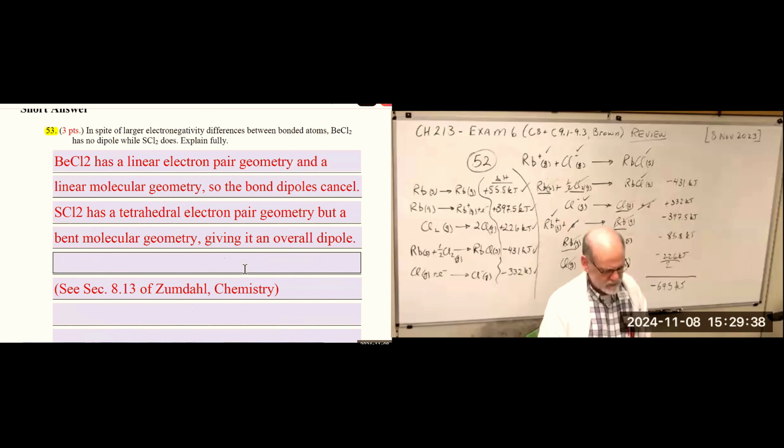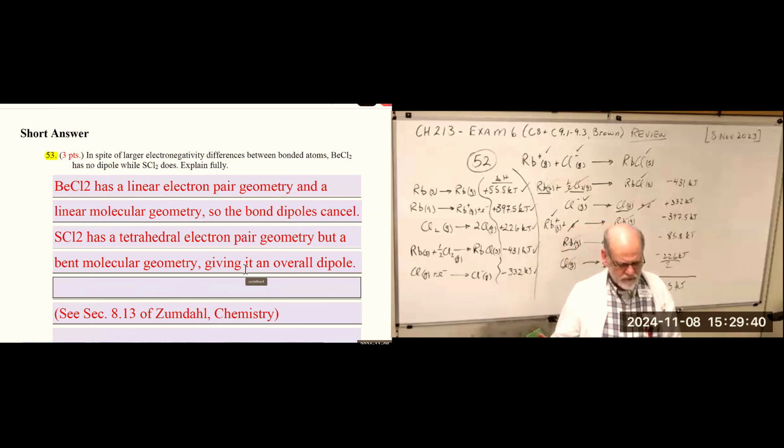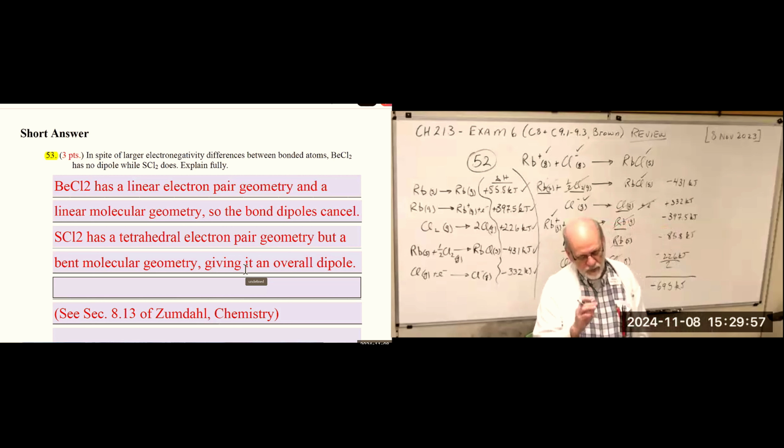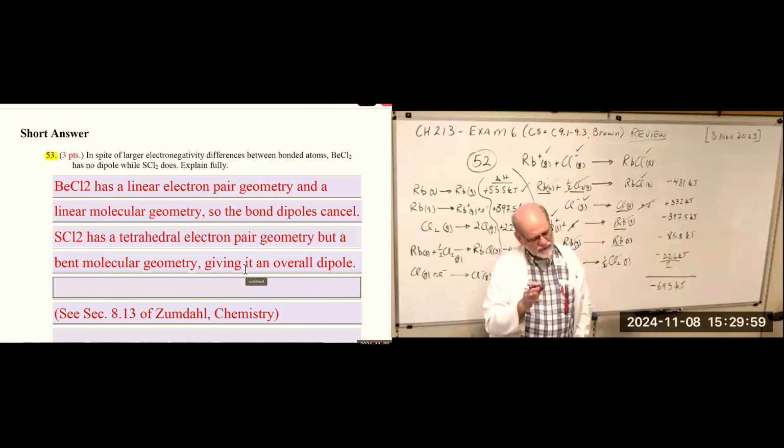This is fairly straightforward. All right, put it in your own words. Beryllium chloride, why? In spite of the large electronegativity difference, beryllium chloride has no dipole, but sulfur dichloride does have a dipole. And it has to do with not just the polarity of the bonds, but the geometry of the molecule.